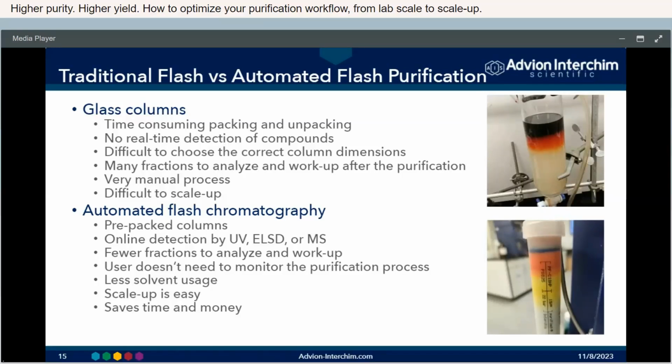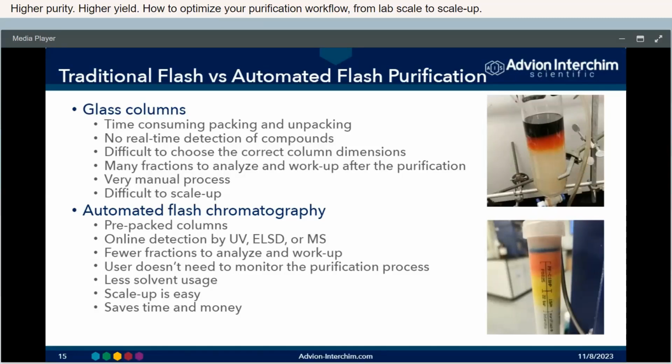So what that leads to is that there are fewer fractions to analyze and work up because only the fractions, or excuse me, peaks of interest are collected, and there are fewer fractions without any compound in them. The other advantage is that the user does not need to monitor the purification process.